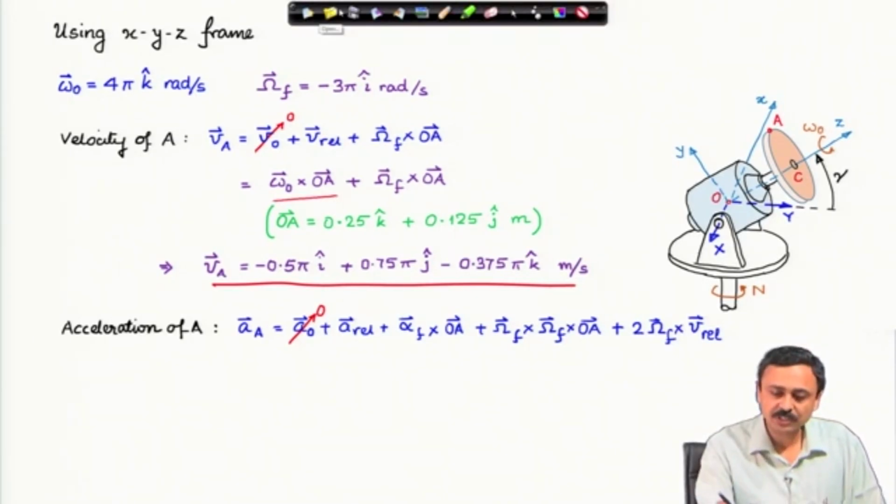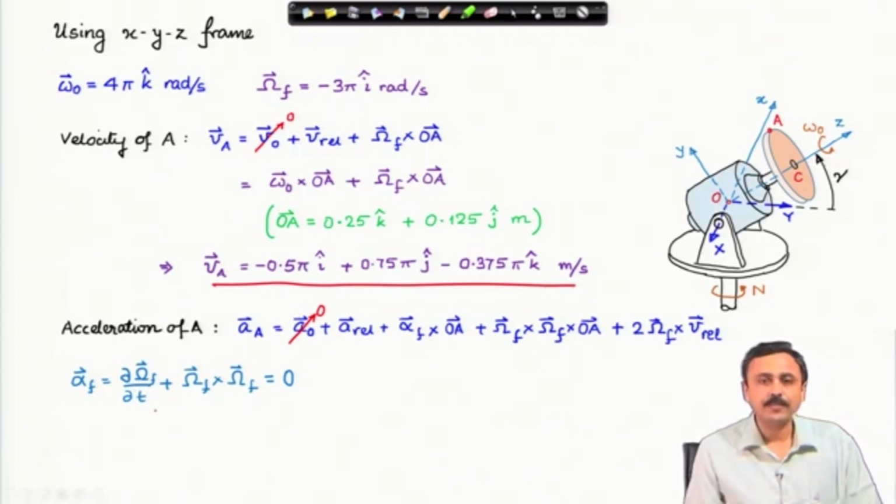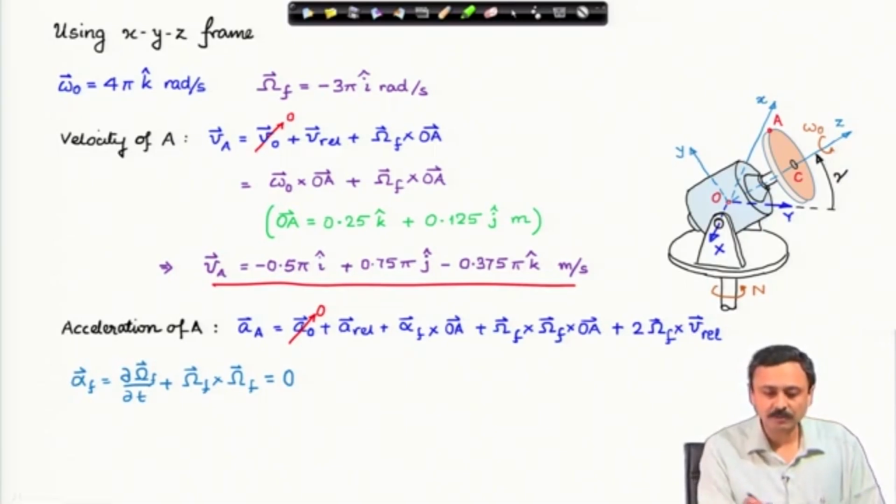Therefore, we have expressions for all terms. The only thing is the angular acceleration of the frame. That is the local derivative of omega f, plus omega f cross omega f, which is always 0. Therefore, this is 0.